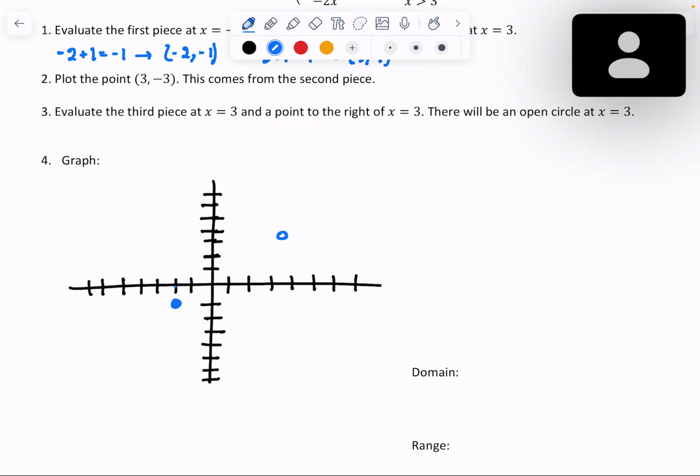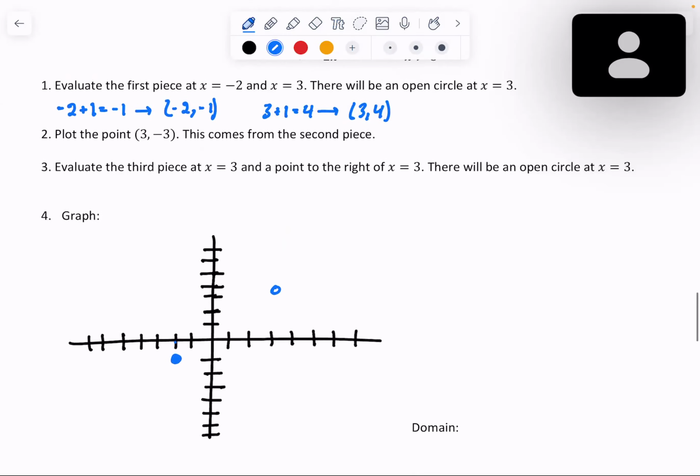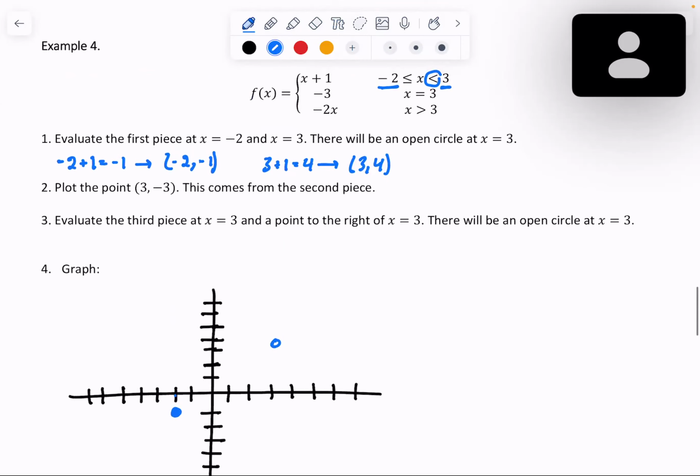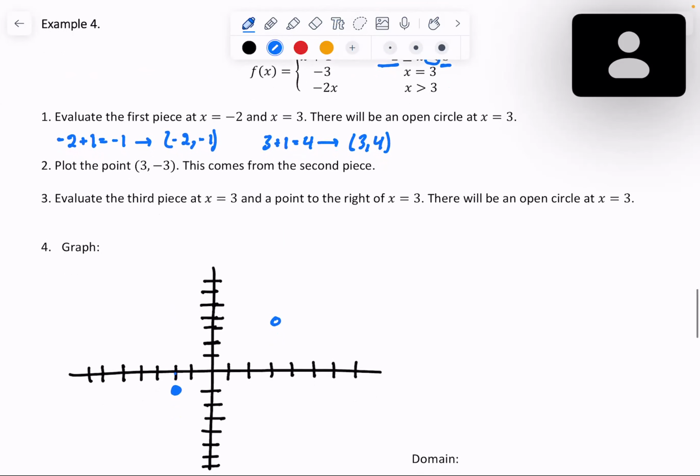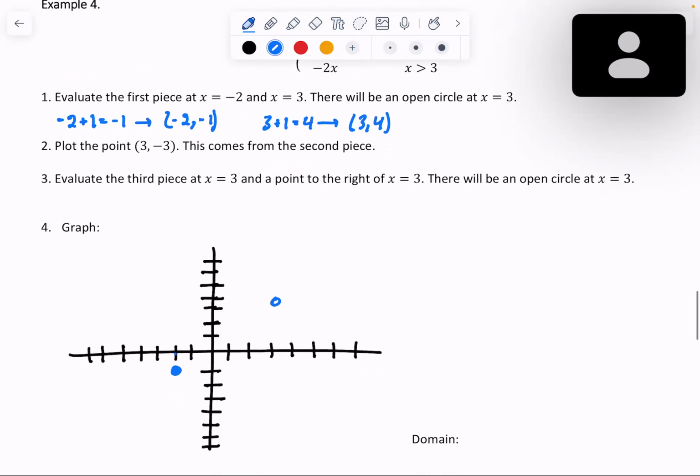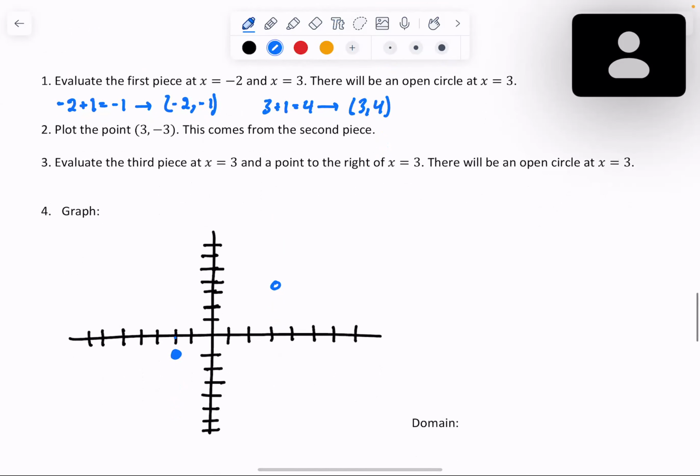So here, remember it says it needs to go more to the left. Remember it said we're going to have an open circle because of that inequality sign, because it was strictly less than. So we can't include that endpoint, so we can't fill in that circle. So then I just create a line with these 2.